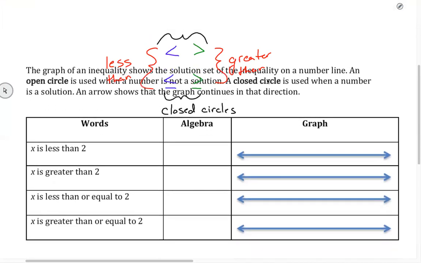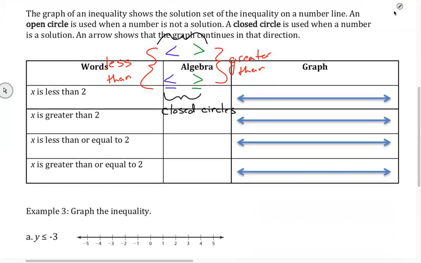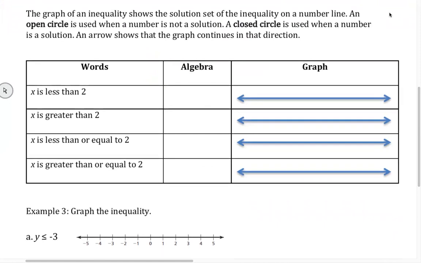All right, so let's take that and apply it to these examples. This says x is less than 2, right? So what type of circle does that get?